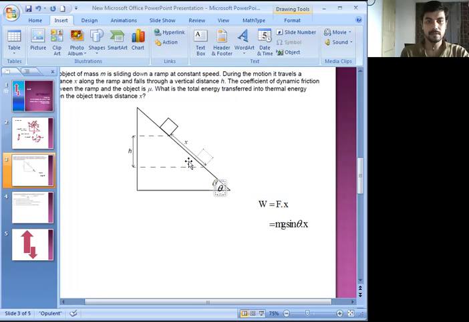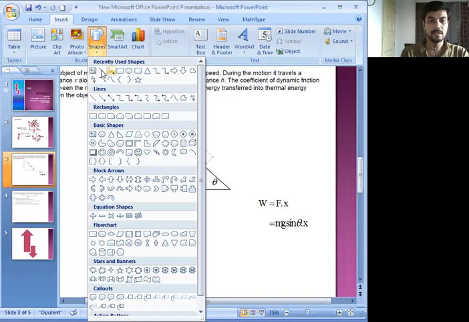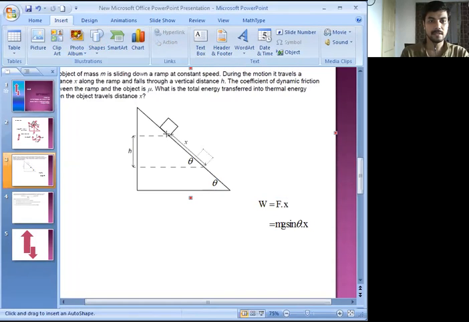Take a look. This angle as well. So you can understand that if I try to find out sin theta, and we know that this height is, let's say, h.